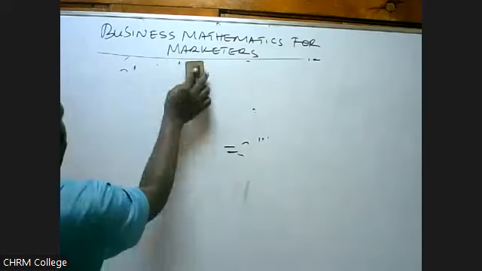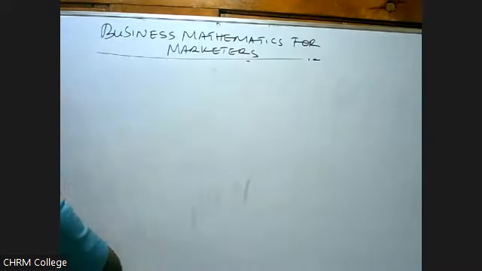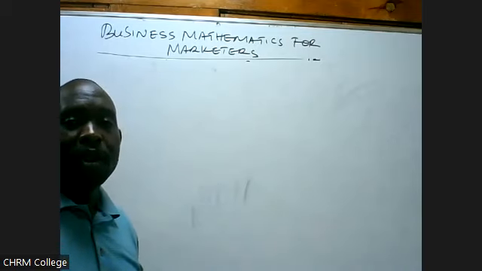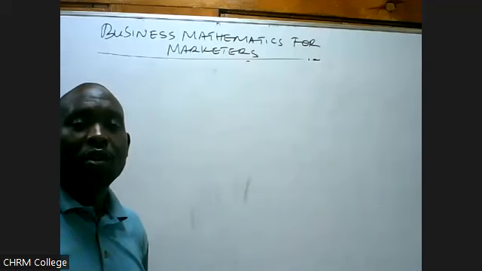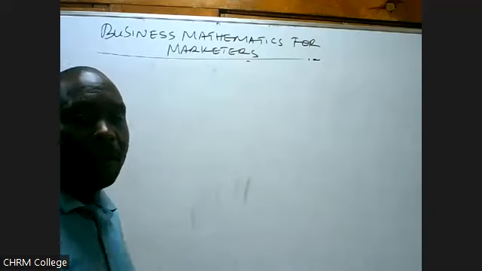When it comes to multiplication, it is even easier. With multiplication, you multiply the numerators to get the numerator of the answer, and you multiply the denominators to get the denominator of the answer. And then that is all. But for mixed numbers, first of all, convert them into improper fractions.